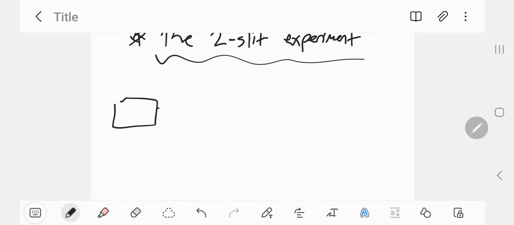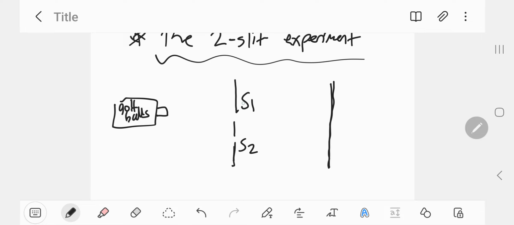Suppose I have a golf ball machine here, launching golf balls, and I've got two slits. Slits are like gaps in, let's say, a metal, and I've got a detection screen. Let's call them S1 for slit 1, S2 for slit 2. If I fire these golf balls, from intuition, most would be found opposite each slit.